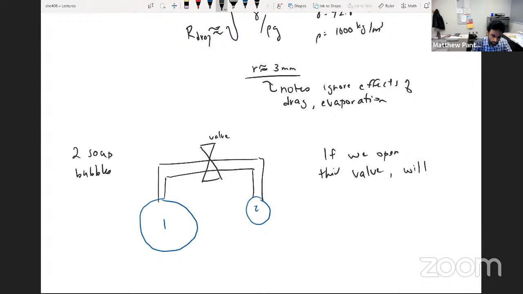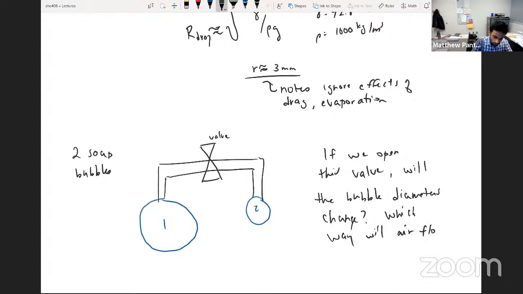Or which way would it change? Which way will air flow?